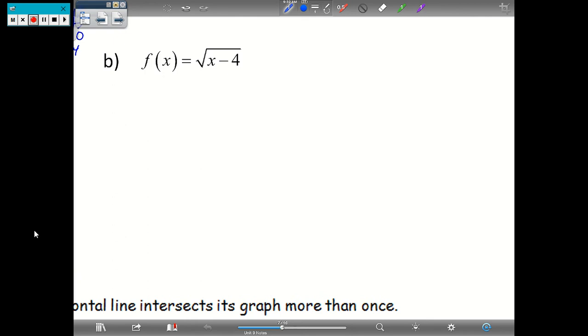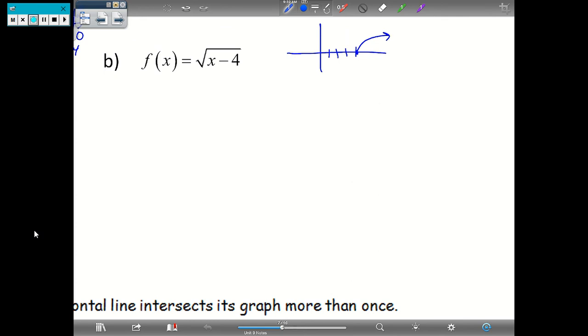let's see, this is a radical. So let's graph this radical. Okay, so what would cause that to be 0? It would be a 4. Right? So it starts here and goes like that. Is that one one-to-one? Yeah, that's one-to-one. Okay, great. All right, maybe we'll do just fine.